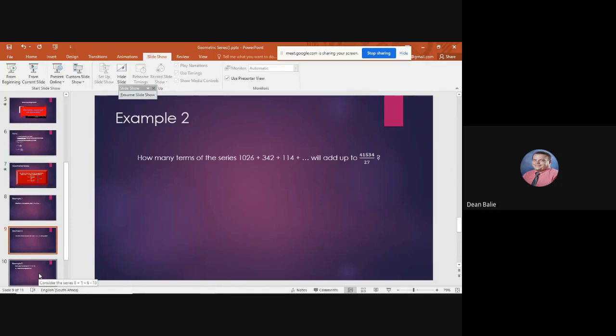We calculated that by taking 342 and dividing it by 1026. We also know Sn is 41534 over 27.